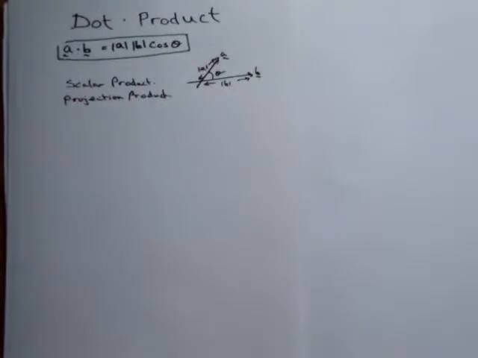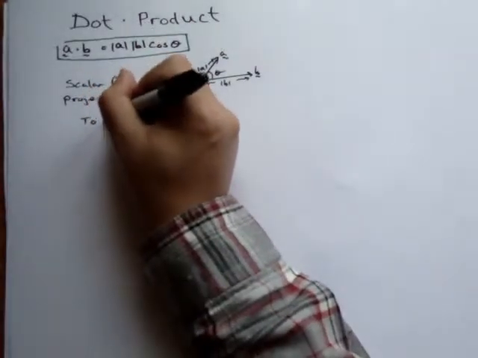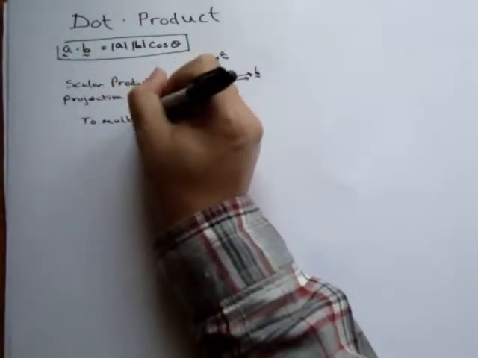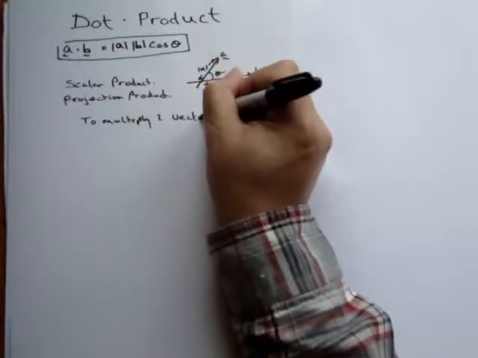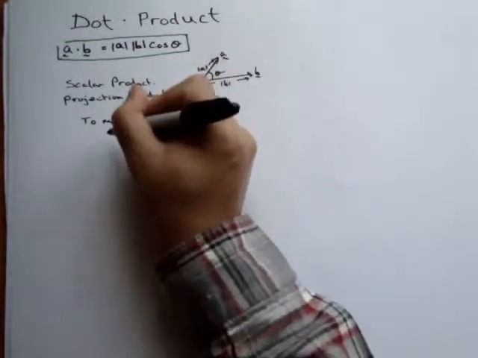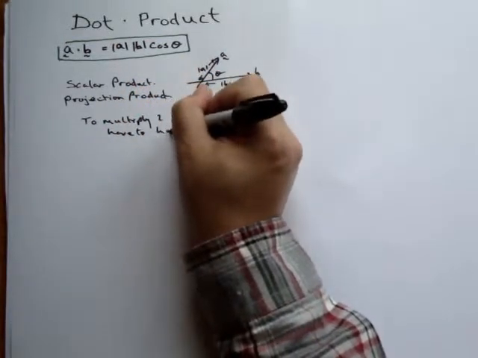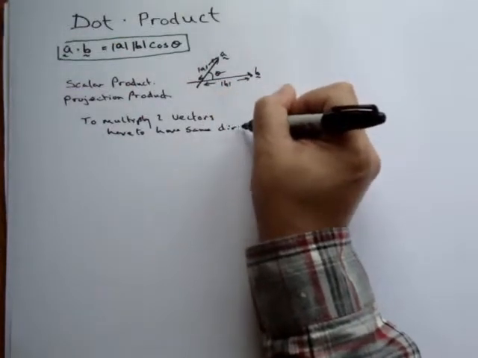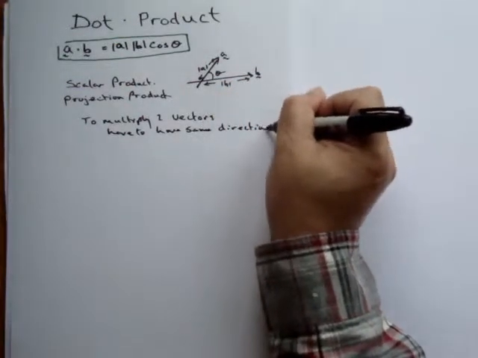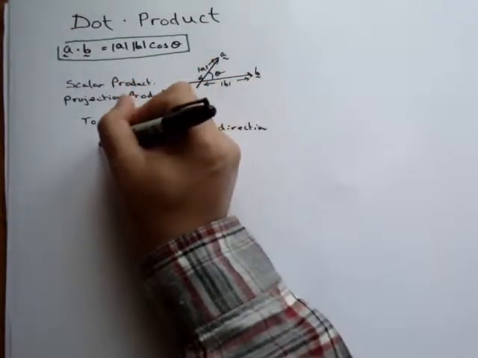It's called the projection product because to multiply two vectors, they have to be in the same direction. And we do this by taking the cos of theta.